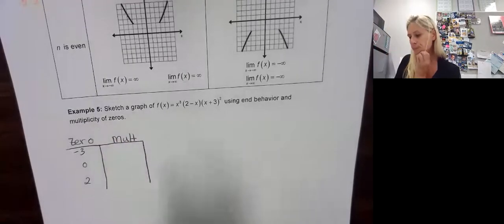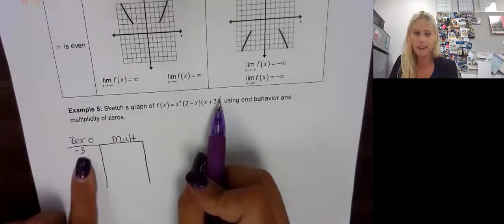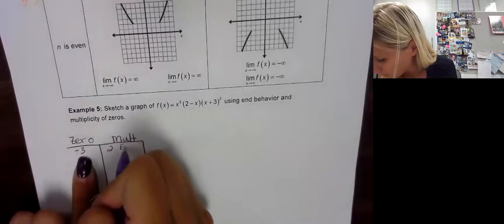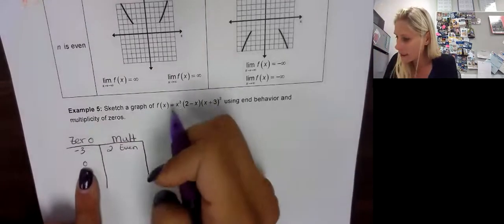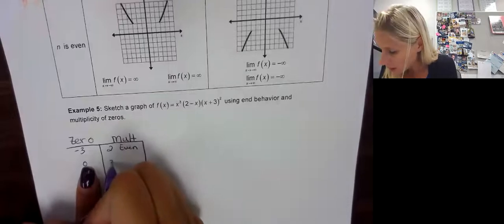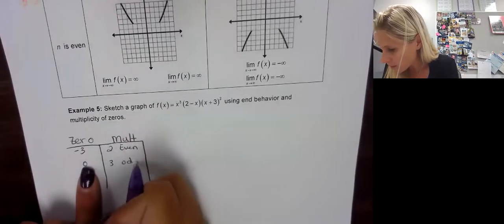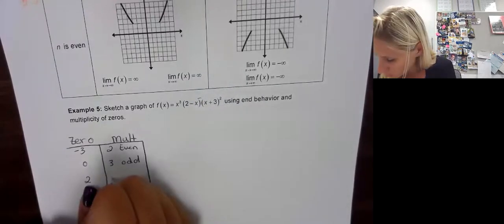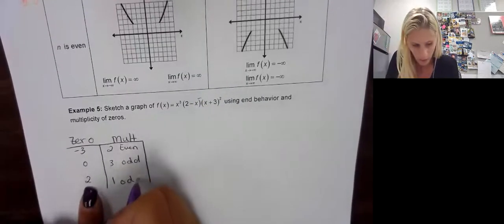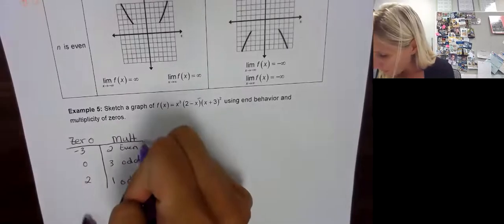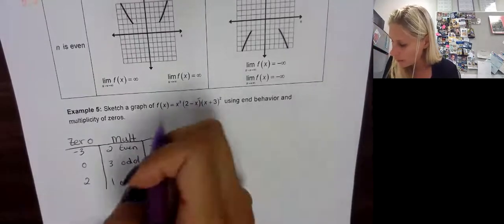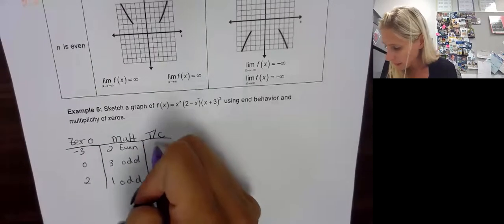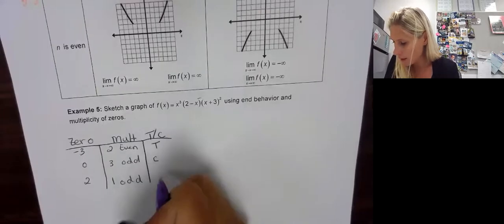With the -3, it's a 2, so it's even. At the 0, we're cubed, so we're odd. And at the 2, our value right there is 1, so we're odd. And then we could touch or cross. So remember, even is touch, odd is cross.